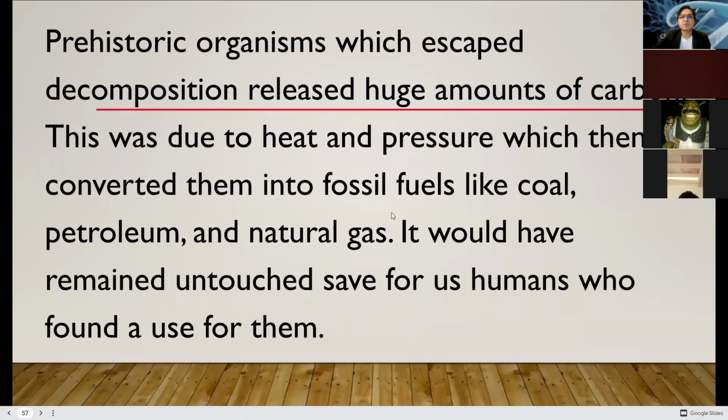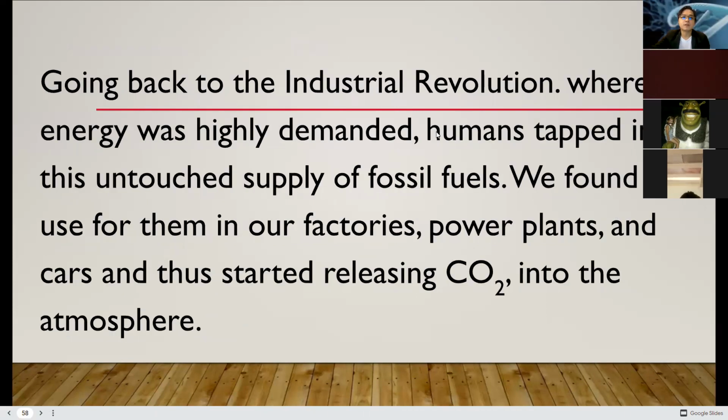Prehistoric organisms which escaped decomposition released a huge amount of carbon. This was due to heat and pressure, then converted into fossils or fossil fuels like coal, petroleum, and natural gas. They would have remained untouched, save for us humans who found use for them. Going back to the Industrial Revolution, where energy was highly demanded, humans tapped into an untouched supply of fossils.